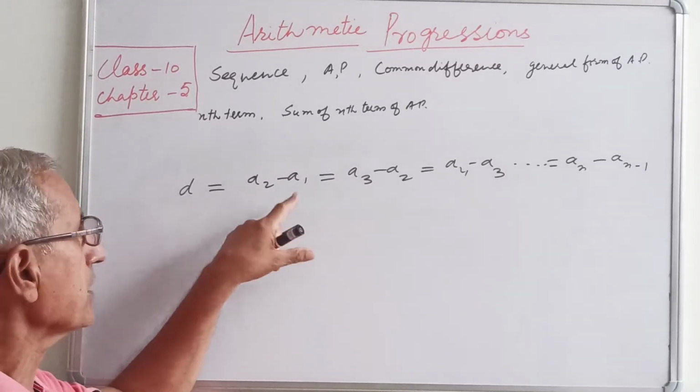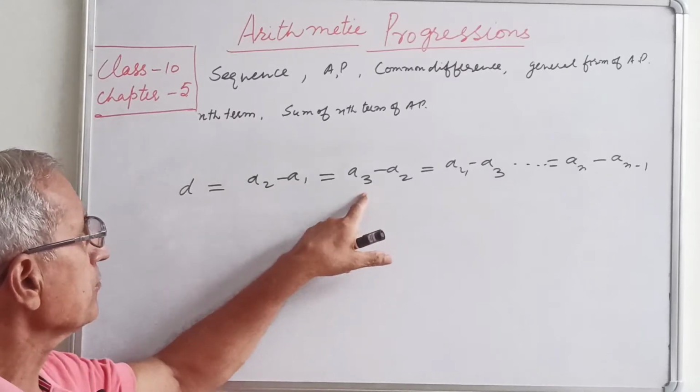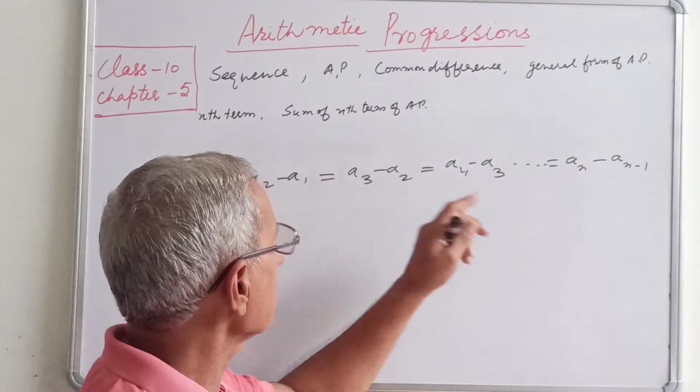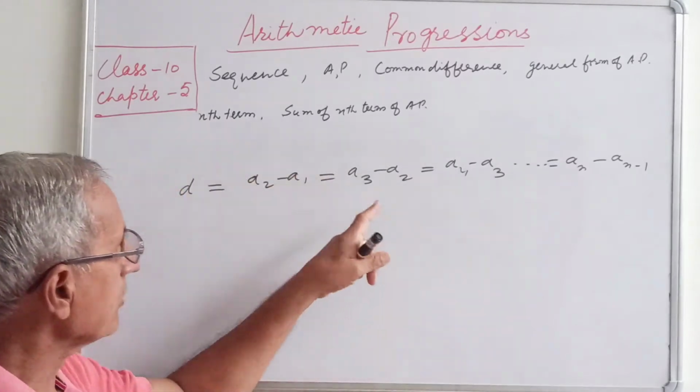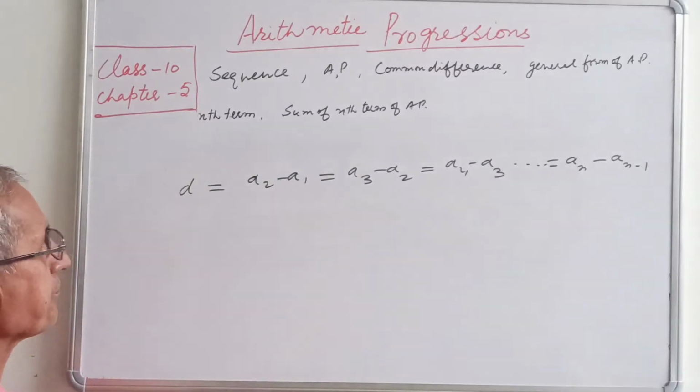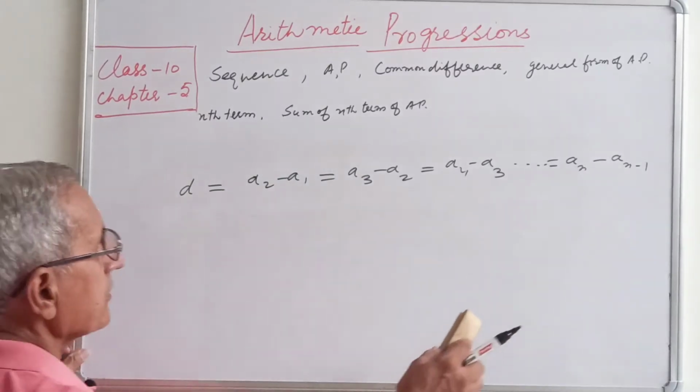So second term minus first term, third term minus second term, fourth term minus third term. That always comes equal, and that is called the common difference of the AP.